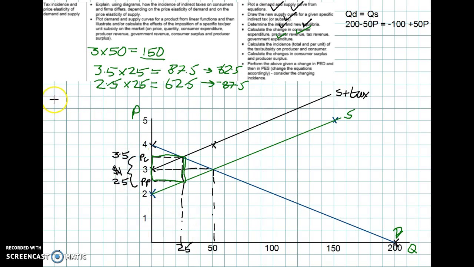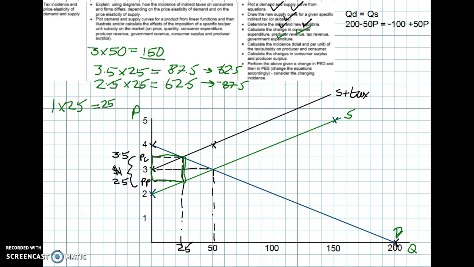So dead easy. So 1 times 25, and that equals 25. Okay, so quite straightforward there, and that's the total government revenue. You might also be asked for the totals and so forth. Okay, so we've done all that, we've worked that out.